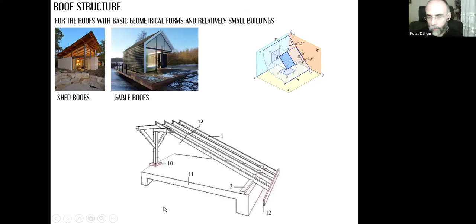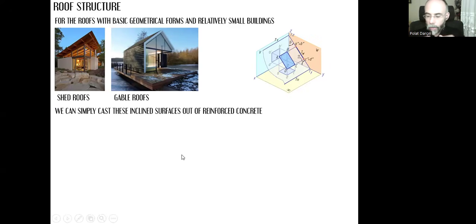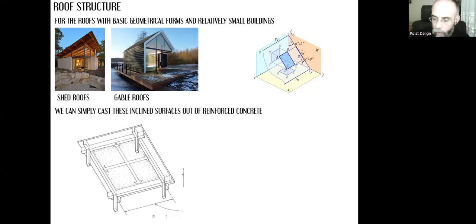All the series of rafters will provide us to create this inclined roof surface so that we can place all the roofing products and the insulation layers and everything. That's why we do that. And if we want, instead of creating this simple roof structure, we can simply cast these inclined surfaces out of reinforced concrete. Here we learned last semester how we can create horizontal floors.